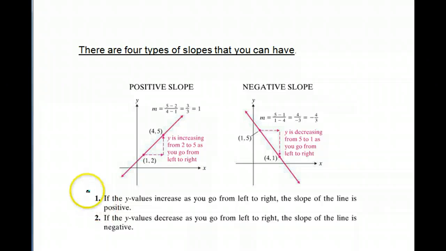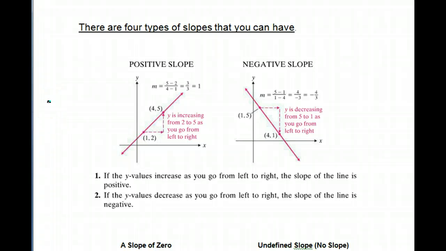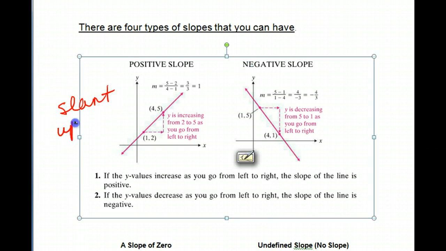Okay, so just to review, there are 4 types of slopes that you can achieve. You have the positive slope, which is going to increase as you move from left to right. So the y values will increase as you move from left to right there, okay? And that's the positive. So in other words, your line is going to slant upwards.